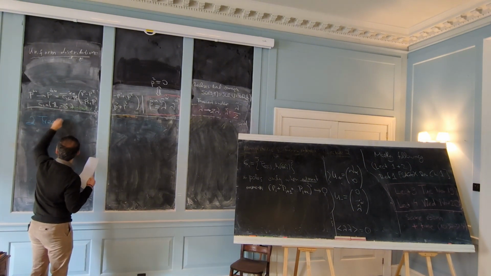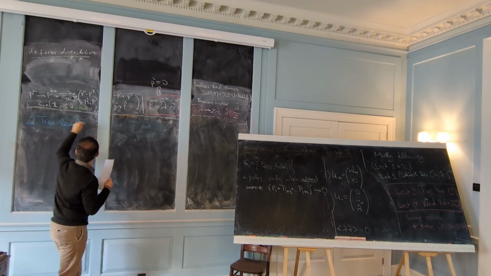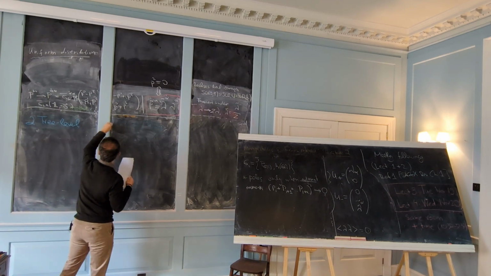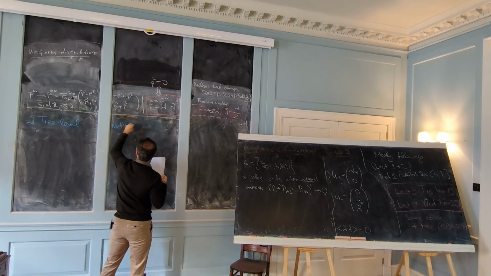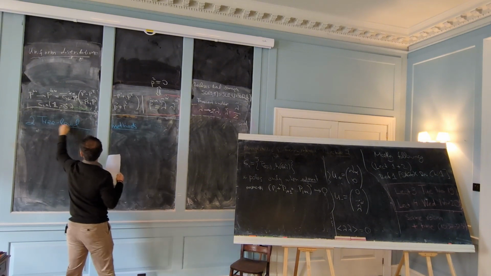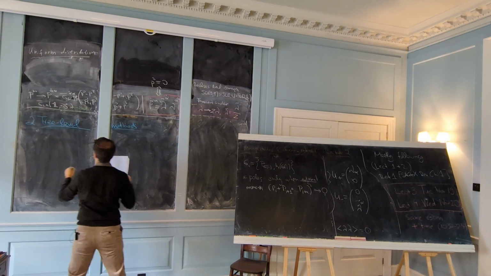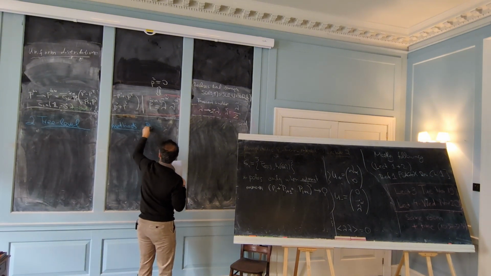So this is tree level methods. BCFW recursion.